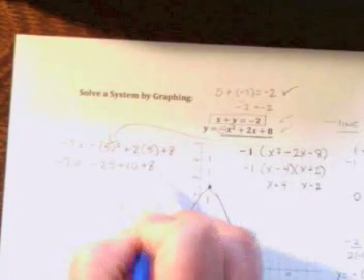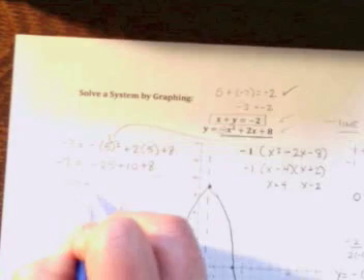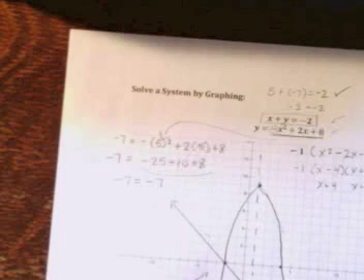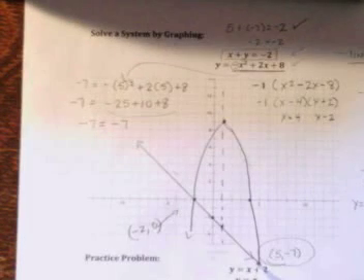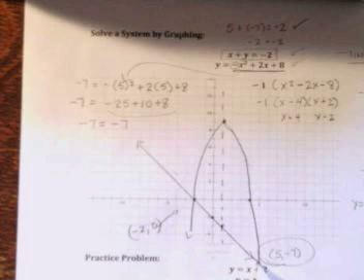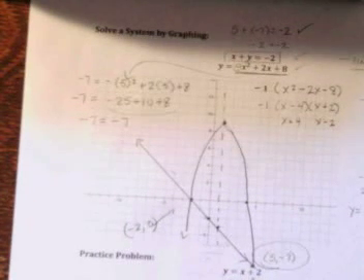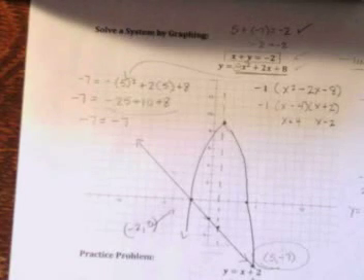And that should equal -7. And so when I sort out my arithmetic here, I see that I do in fact have a true statement. And I've just proved that this point is also on the quadratic. So I do have an intersecting point right here on my graph at (5, -7). So I've found the two solutions to this system of equations by graphing.